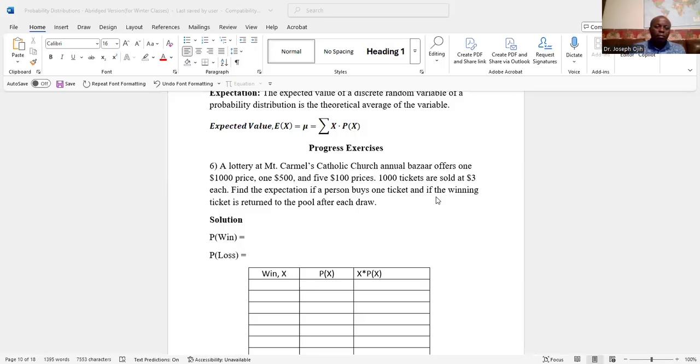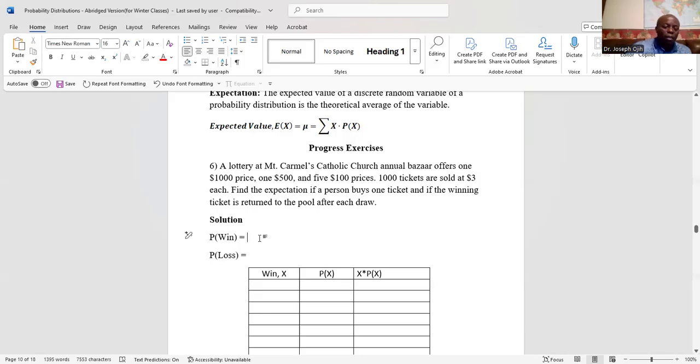So in this case, we have a different scenario. This is a lottery. So you have the probability of winning and the probability of loss. Of course, if you buy one ticket, your ticket will show up among 1,000 tickets.